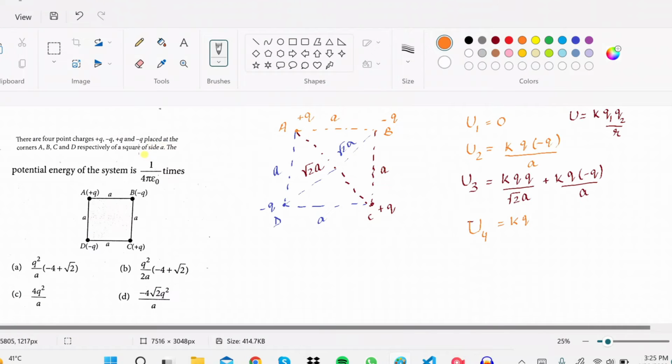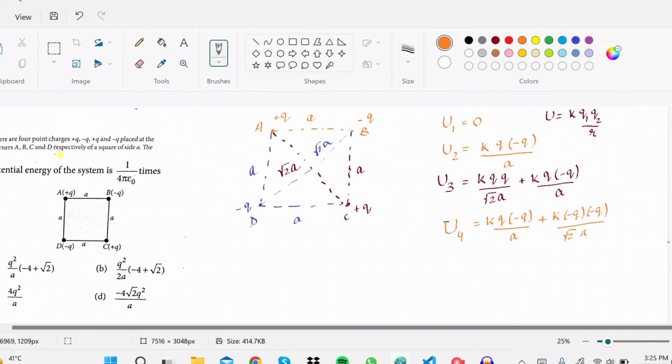A is Q, D is minus Q, separation is a, plus K, sorry, not A, B. B is minus Q, D is again minus Q, and separation is root 2 a. And finally the third one, K times minus Q, this is D, times plus Q, that is C, upon the separation which is a. I hope this is clear.